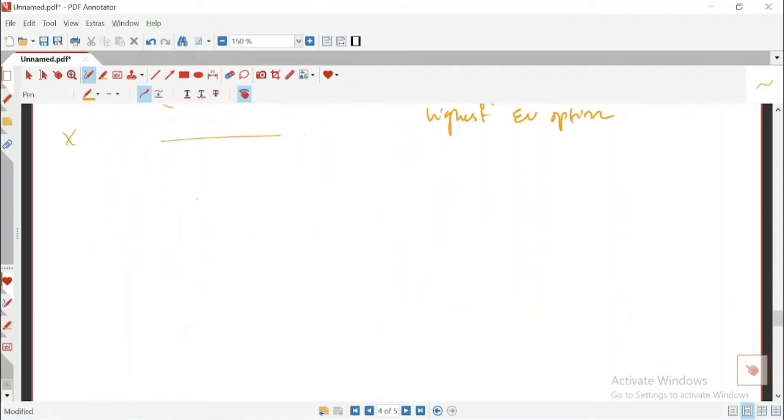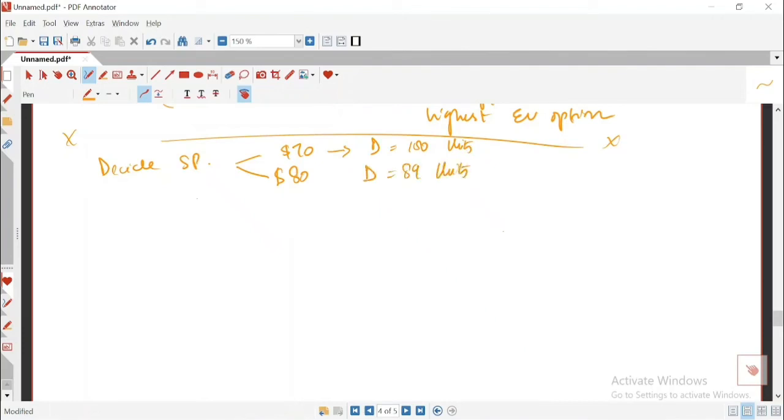Okay, so you have to decide what selling price to charge. ठीक है, you have an option of $70 and you have an option of $80. If you choose 70, your demand will be 100 units, and if you choose $80, your demand will be 89 units. ठीक है, your variable cost will be $30, which is an uncontrollable factor.